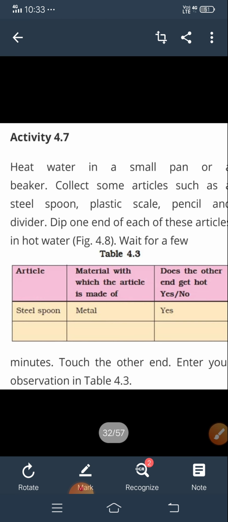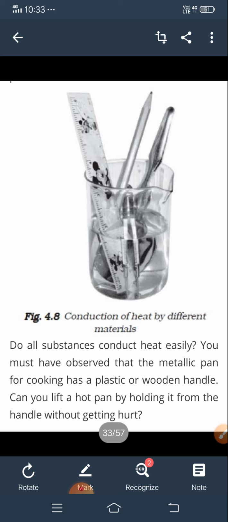Here is one activity. Heat water in a small pan or a beaker. Collect some articles such as a steel spoon, plastic scale, pencil and divider. Dip one end of each of these articles in hot water. For example, see this diagram.